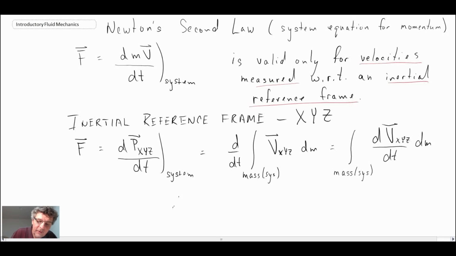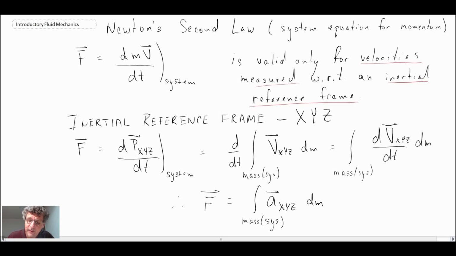And we can re-express that then as being force integrated over the mass within the system, which is just going to be the acceleration within the inertial reference frame, integrated over the mass that we're looking at.